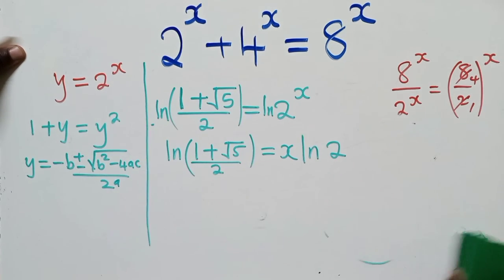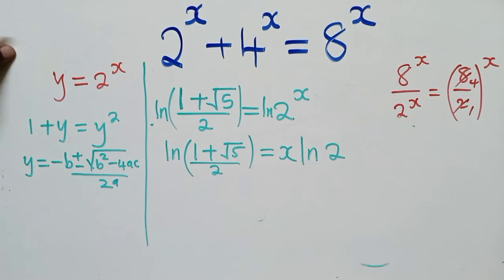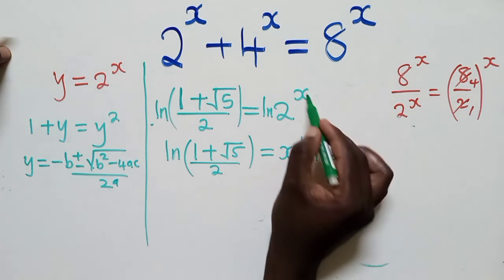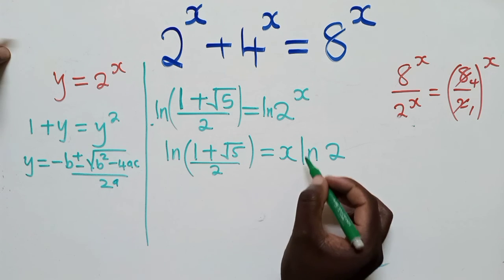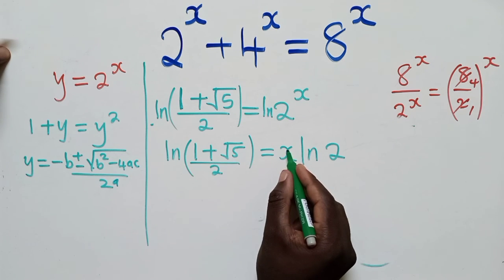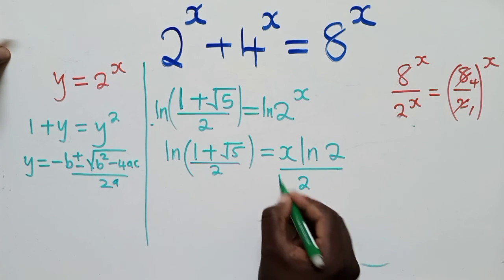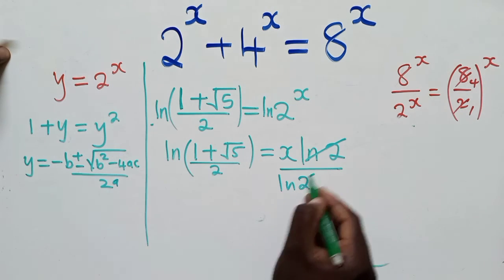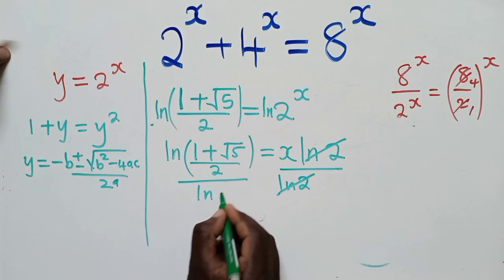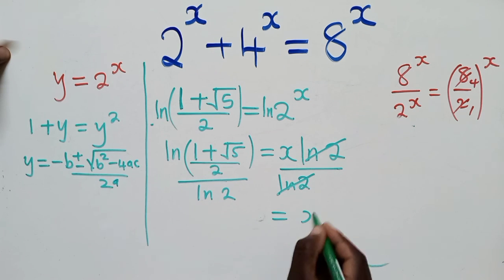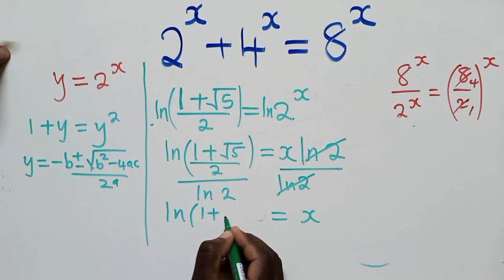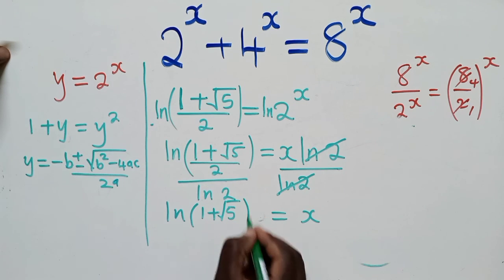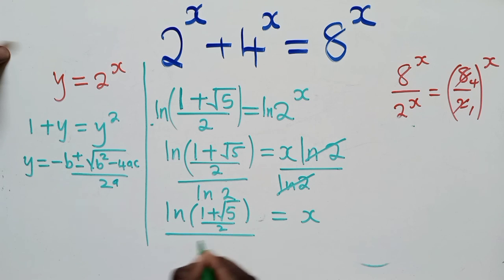When you apply the natural log, it brings the power in front. That's the whole idea of applying it. So now the power is in front, and we can divide by ln 2. This ln 2 and this ln 2 will cancel. So we shall remain with x equal to ln((1 + √5)/2) over ln 2. And this is our solution.